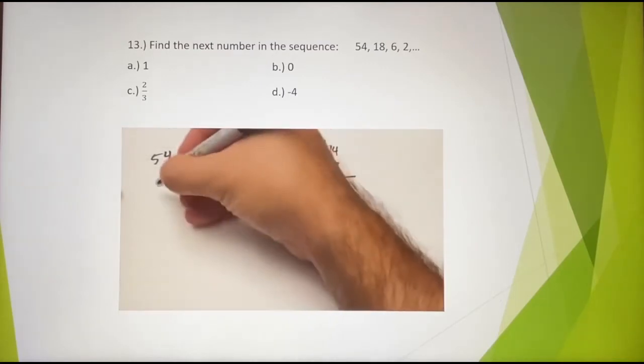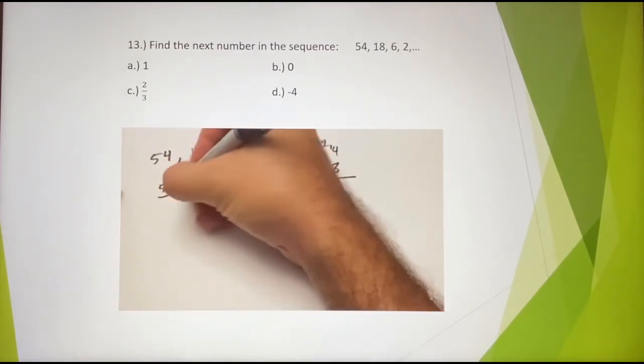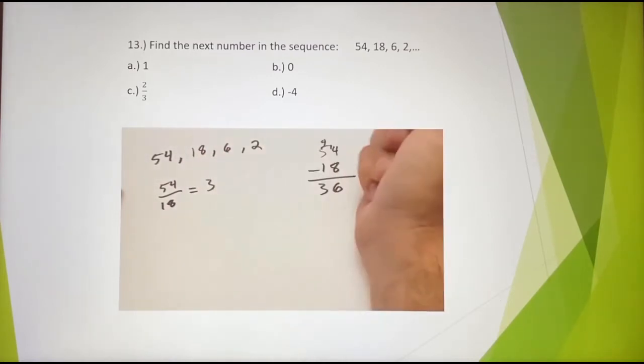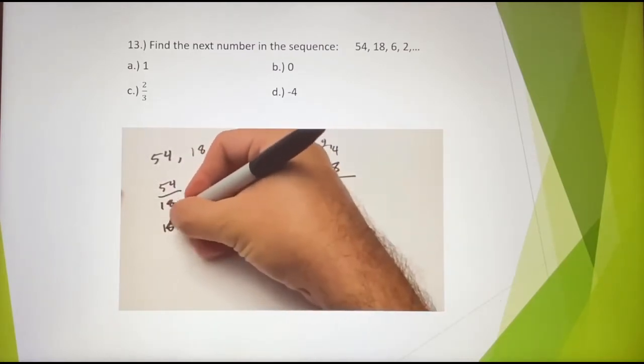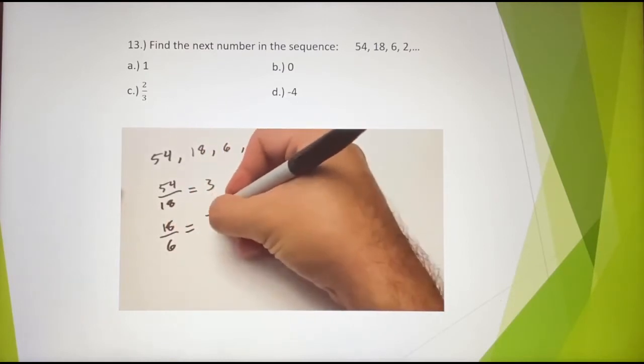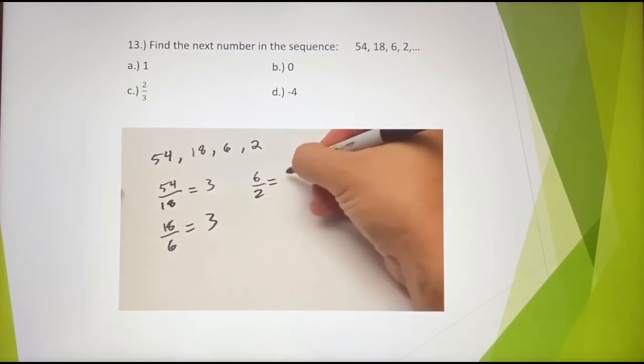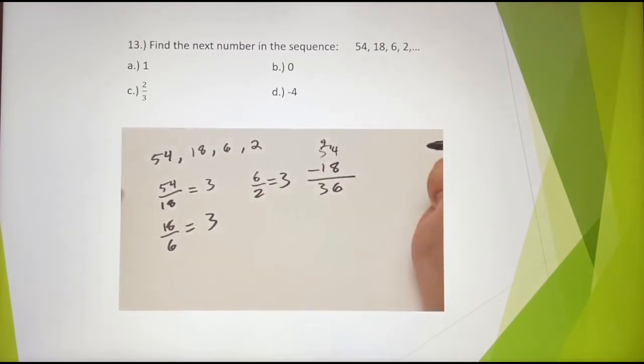And so what we can do here is just take consecutive numbers. 54 divided by 18 is going to give me 3. 18 divided by 6 also gives me 3. And then just to finish it off, 6 divided by 2 is also going to give me a 3.